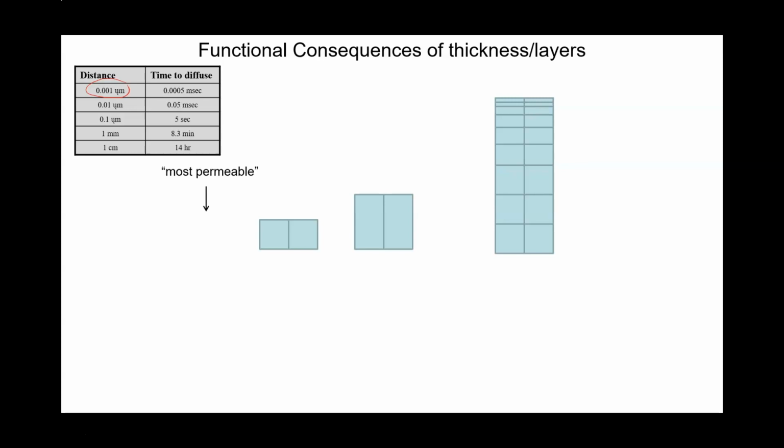That's so fast, you can't even comprehend how fast that is. For that same molecule to diffuse a 100th of a micrometer, it would take 0.05 of a millisecond. To go 0.1 of a micrometer, it takes 5 seconds. To go 1 millimeter, it takes 8.5 minutes. Well, some of our cells start to die after 8.5 minutes without any oxygen, right? And so the idea here is that relatively small increases in distance dramatically increase the amount of time it takes for something to move.